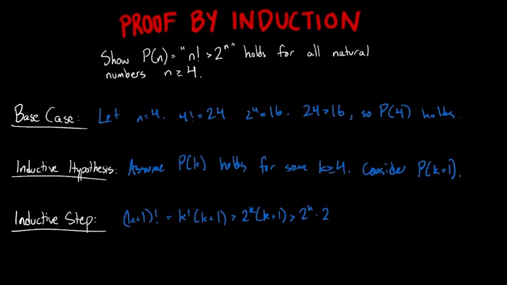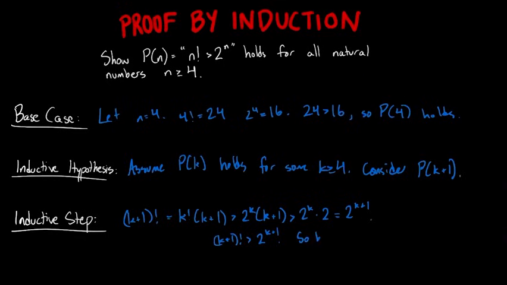And of course, as k increases, this is still going to hold. But 2 to the k times 2 is equal to 2 to the k plus 1. And this is exactly what we wanted to show. We have shown that k plus 1 factorial is greater than 2 to the k plus 1.